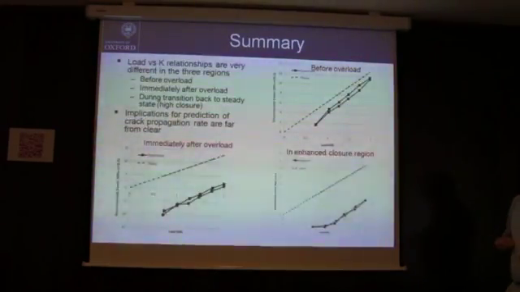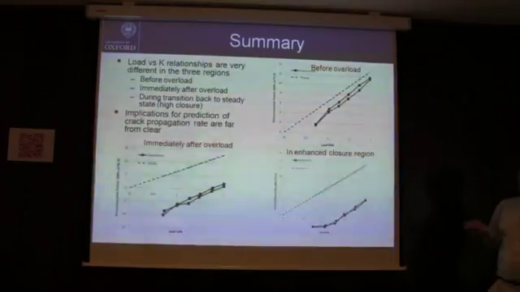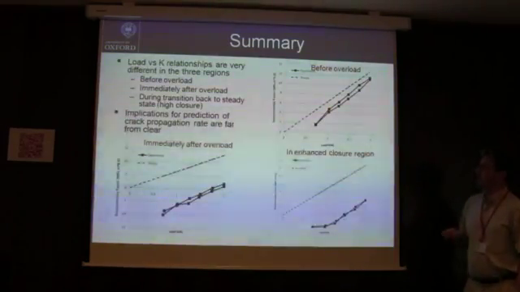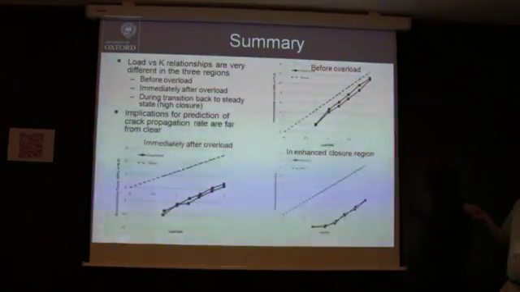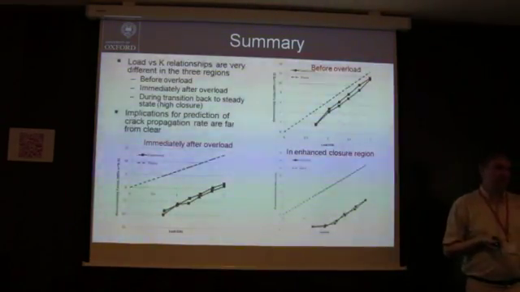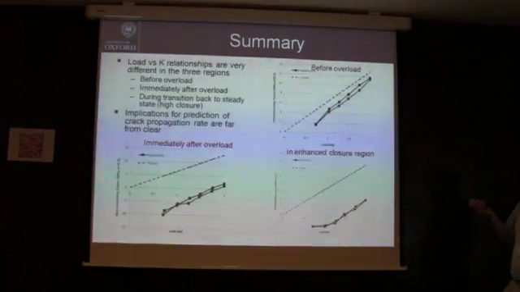So the load versus K relationships that we get are very different in the three regions. Before the overload, under constant amplitude loading, we get something that's pretty understandable. It's linear elastic but with some offset.